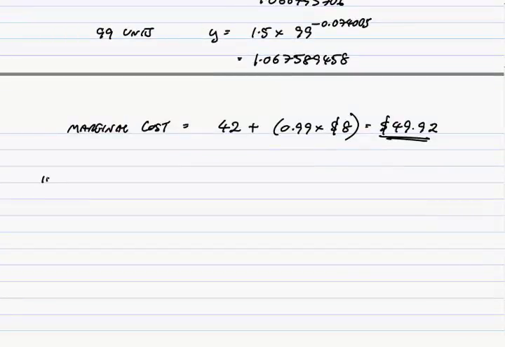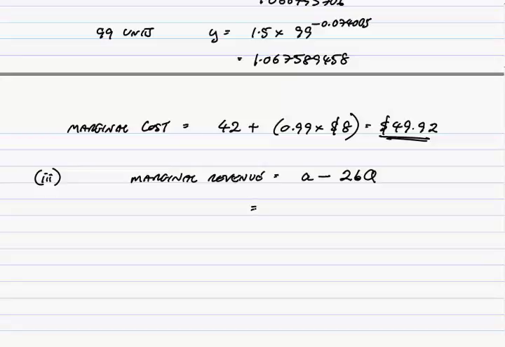Finally, part 3, equate the two to calculate optimum price and quantity. Well, we know what marginal cost is, but what about marginal revenue? Well, the marginal revenue is a minus 2bQ from the formula sheet.